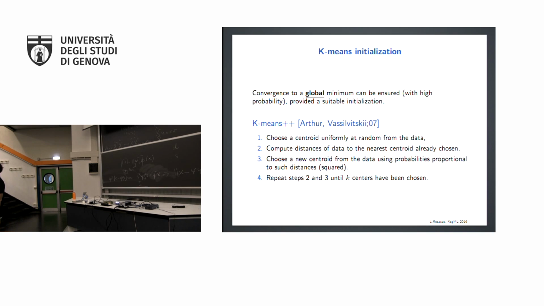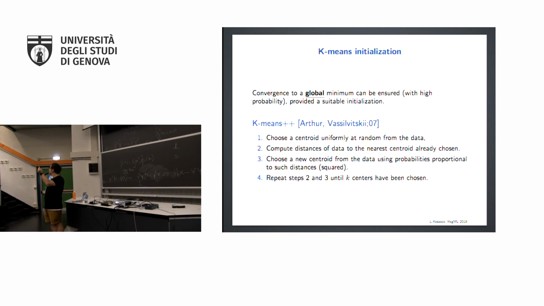How many of you know k-means++? k-means++ is a kind of nice result because it says essentially that while there is no deterministic algorithm that can solve k-means with global guarantees, there are actually randomized versions that can approximately solve the problem.